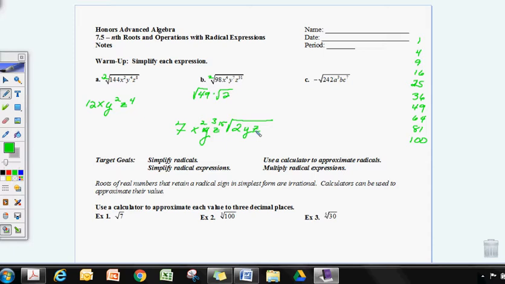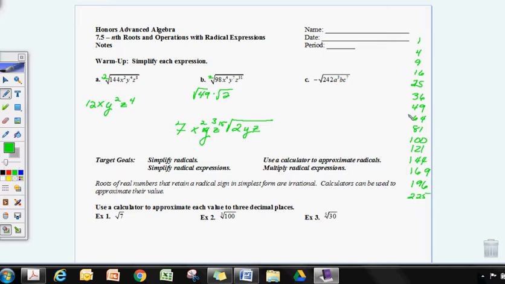Okay, so continuing to work on my perfect squares that I'm supposed to know. After 100 comes 121, and then it comes 144, 169, 196, and 225.